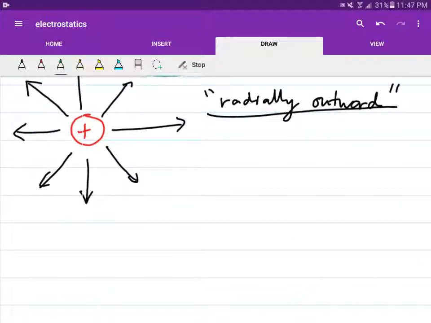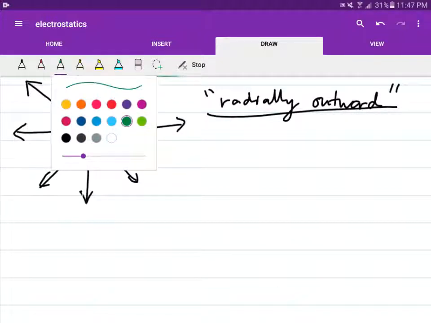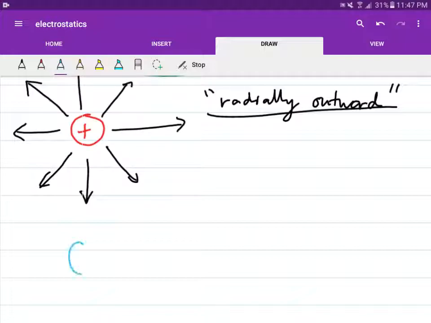And if we have a negative charge, this sets up a field that is radially inward.